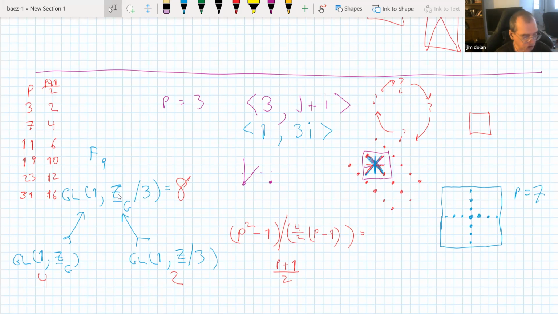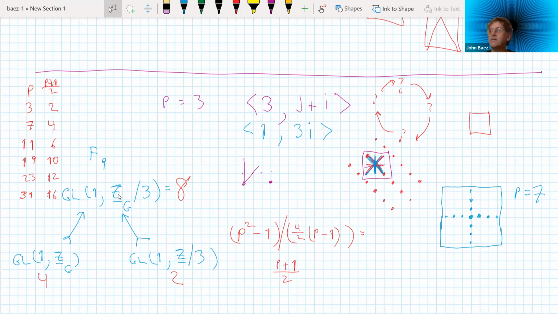The whole group is a cyclic group acting, almost like acting on itself, but on a quotient of itself. I think it's just acting on the cosets of this cross-shaped group. I'm being very sloppy here, but I think that's the way it's going to work out.